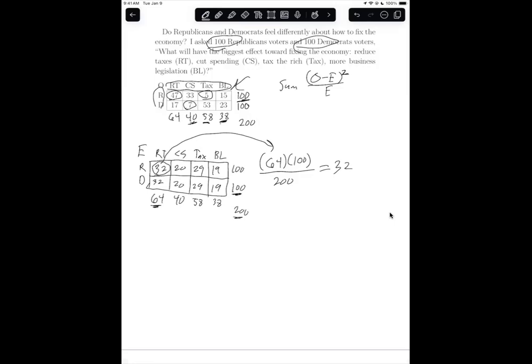So you notice this expected frequency, them being the same, is under that notion of the null hypothesis of their preferences being the same. The outcomes, 32 is different than 20, so we're not comparing outcomes, but the row for Republicans is the same as the row for Democrats. And that works out nicely when we have the same sample size here.